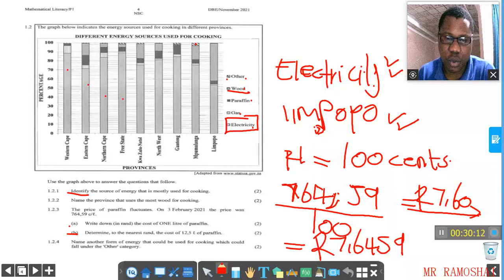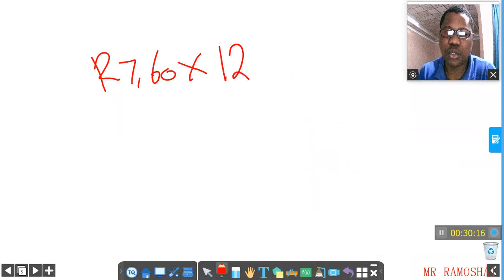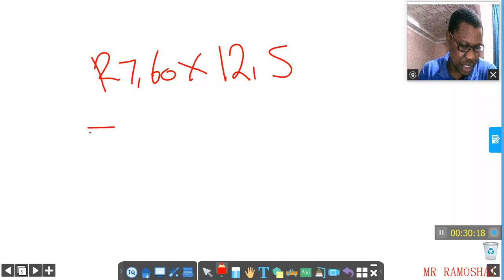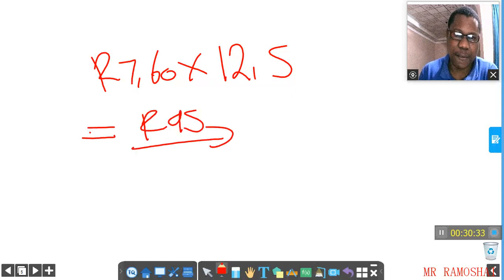Now we want to know the price of 12.5 liters, right? So we're going to multiply by 12.5. 7.60 multiplied by 12.5 gives us 95 rand.